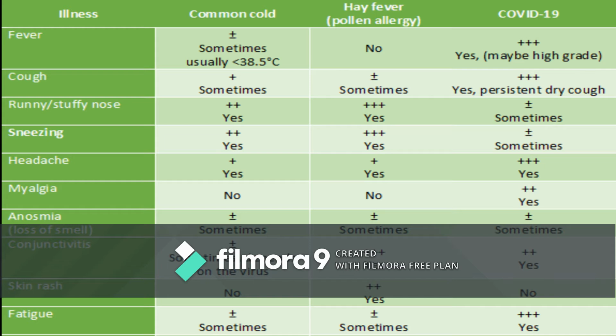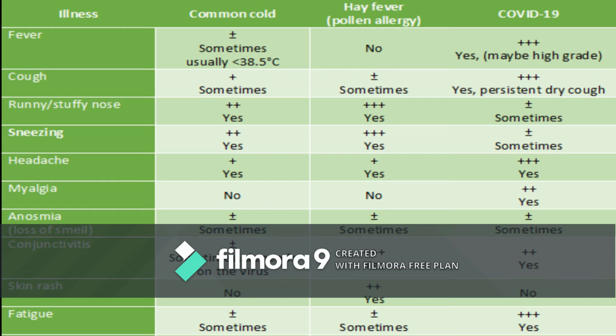For runny nose, it occurs in common cold, however, sometimes you can have it in COVID-19, and the same applies for sneezing. For headache, both diseases have headache and actually really bad headache. And for malaise, there is malaise in COVID-19, however, you don't have it in common cold. For loss of smell, sometimes patients lose smell and sometimes they don't.